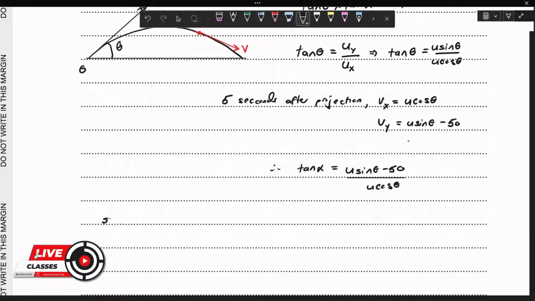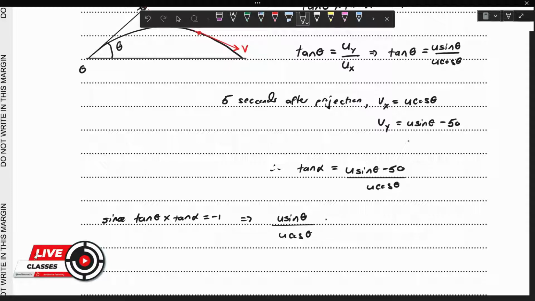So when we then say tan theta times tan alpha is equal to minus 1, we'll be saying u sine theta over u cos theta times this is equal to minus 1.